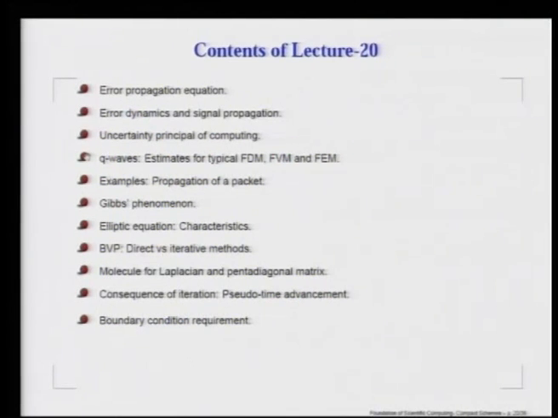Once again, we come back to discussion of Q waves for various discretization methods. We once again talk about the finite difference method, finite volume and finite element methods, and we pick up an example of propagation of a packet, and we also show what is known as the Gibbs phenomena. This arises whenever we have solution discontinuity, and from the foot or the shoulder of this discontinuity, we see downstream and upstream propagating small scale oscillations, and those are known as the Gibbs phenomena.